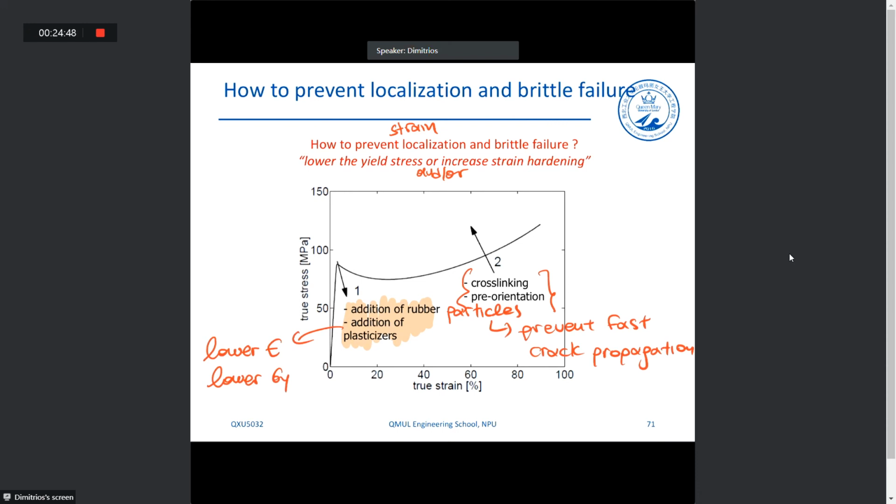Increase cross-linking, increase pre-orientation, and maybe I would say increased MZ. Okay, because we said that when we have an increased Z average molecular weight, we have longer chains. Longer chains lead to more entanglements, okay?